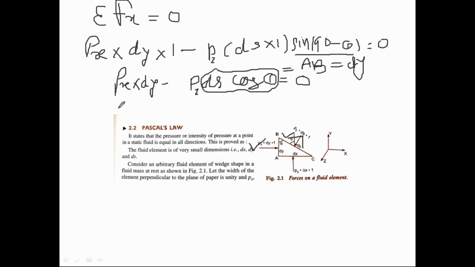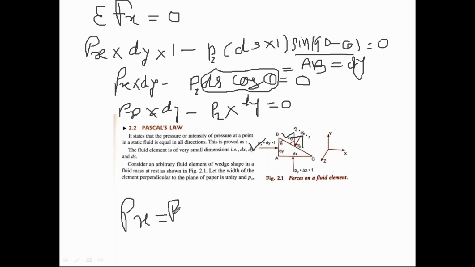So finally I can write Px into dy minus Pz into dy is equal to 0. Then I can write Px is equal to Pz, by doing the summation Fx is equal to 0.